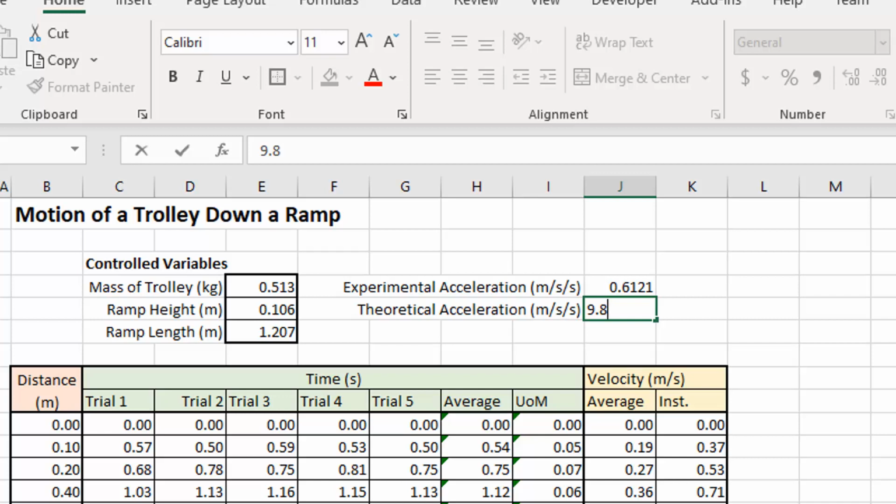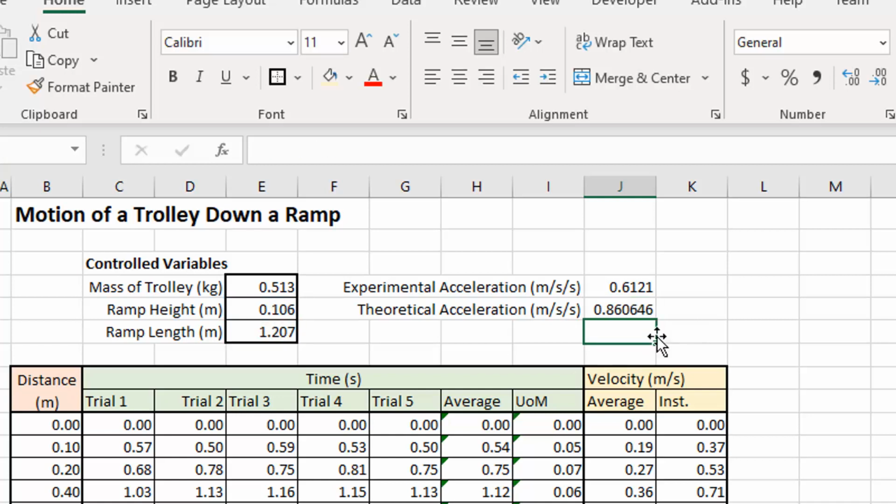So the acceleration down the ramp equals 9.8 times the height of the ramp divided by the length of the ramp.